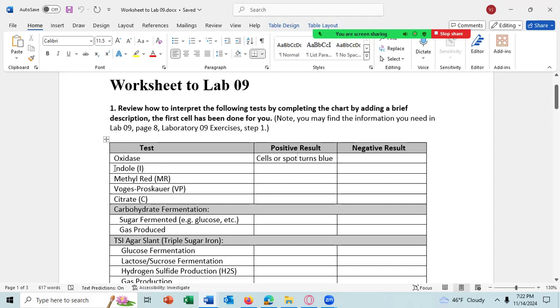So write in what the positive result is for the indole test, the negative, the MR test, the VP test, the citrate test. All of these you can get from this lab module, maybe not the oxidase test, but all the others. Then the carbohydrate fermentation test you can also get from this lab module. Triple sugar iron you can get from this lab module.